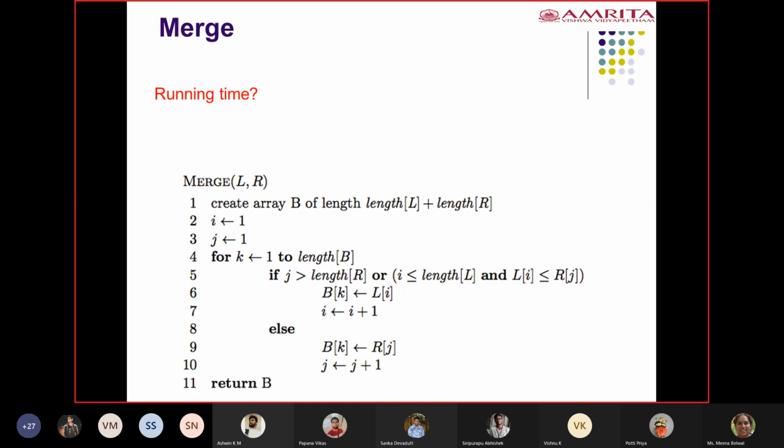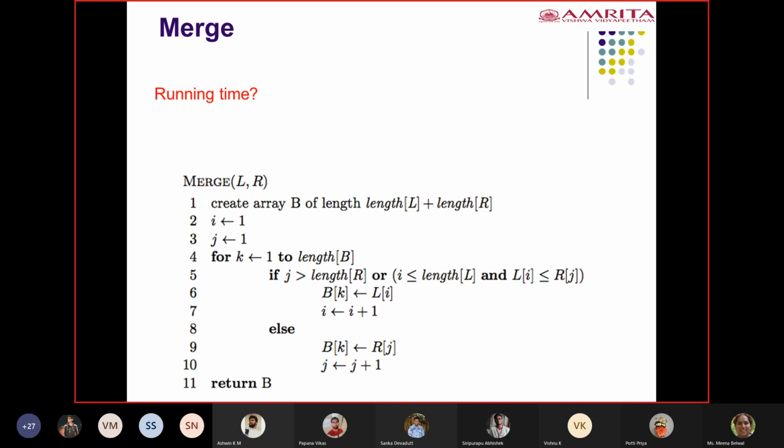Okay. So you must have guessed by now, the running time is going to be how much? n log n. You are saying n log n because you are assuming that is the time for the whole thing, merge sort plus merging, right?